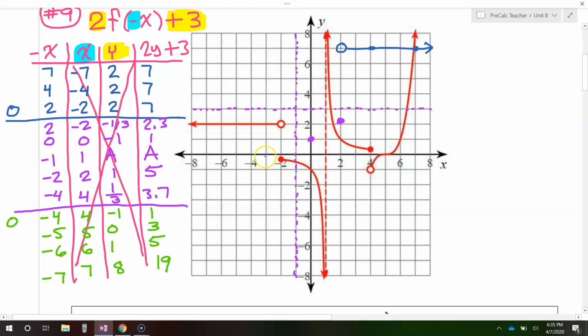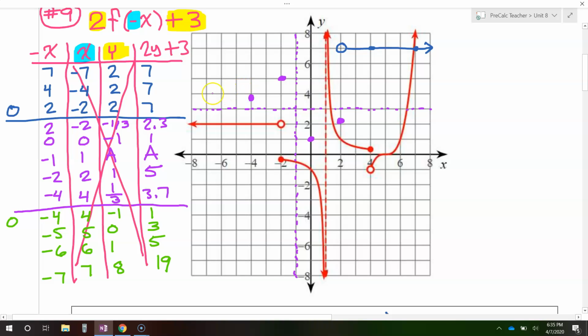At negative 1, we have the asymptote, which we already know. Negative 2 comma 5 is going to be right here. And then negative 4 is 3.7. So negative 4, there's 3.7. It's going to be right about here.